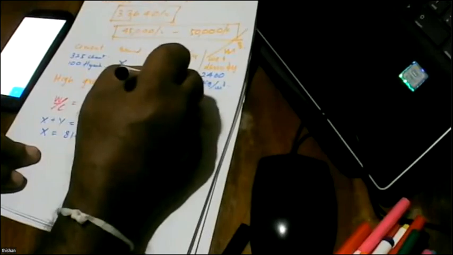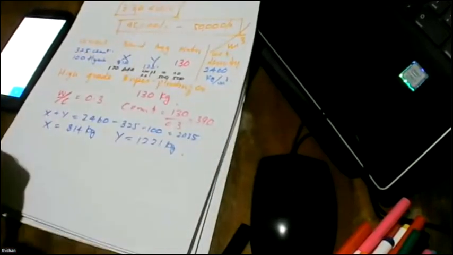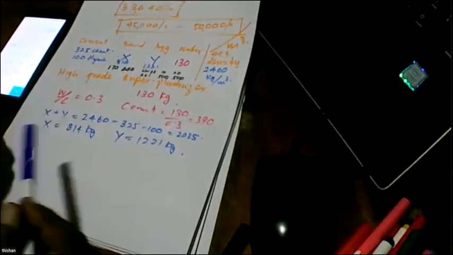So we get about 221, 500, 500. So the moment you do all these things, we are improving the mix.